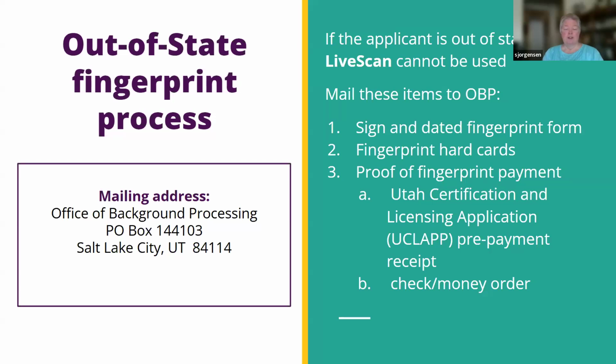And then their hard card of their prints. And then again, payment. That payment can be either proof of payment, like if they paid through UCLAP, or they can attach a check or money order. The mailing address is right here, which will be included in our last slides as well. But remember that you need prior approval before sending in any fingerprint cards from out of state.